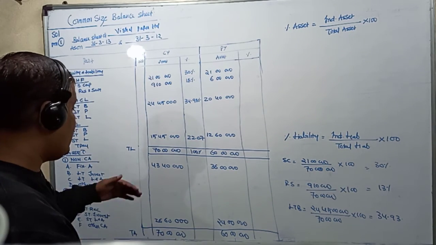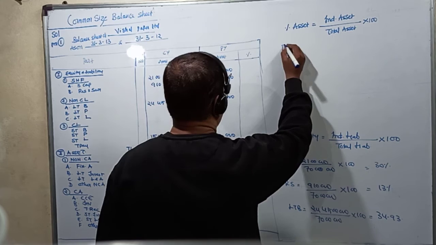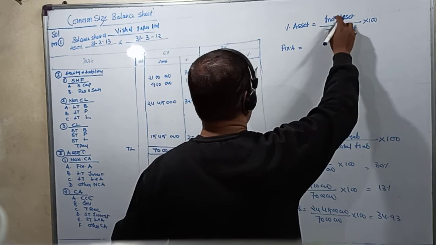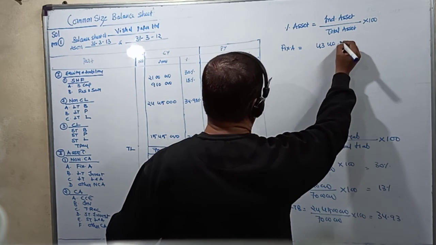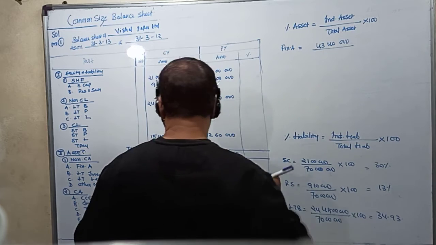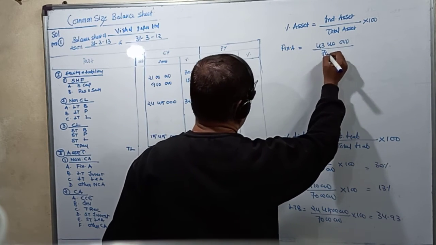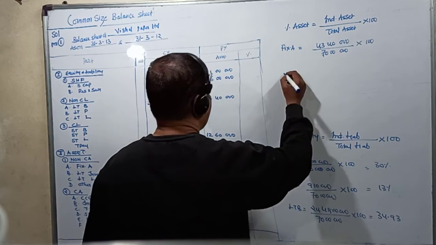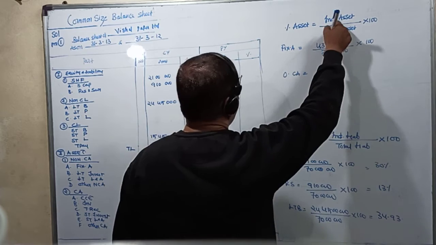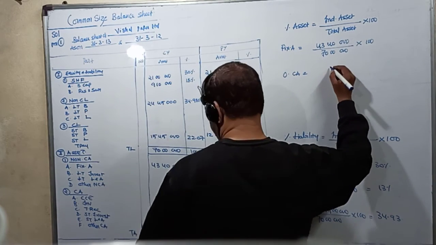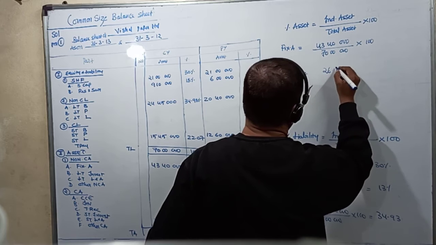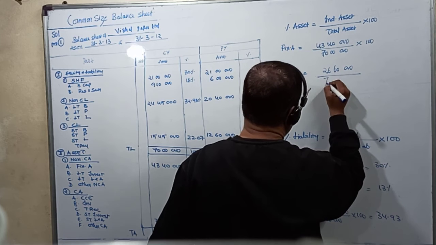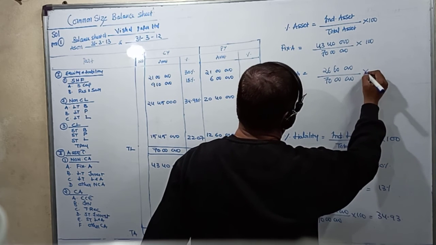Similarly, when we come to assets, we are coming to fixed assets. The individual asset amount, 43 lakhs 40,000, divided by total asset 70 lakhs into 100. Similarly for other current assets, the individual asset amount is 26 lakh 60,000 divided by total asset 70 lakhs into 100.